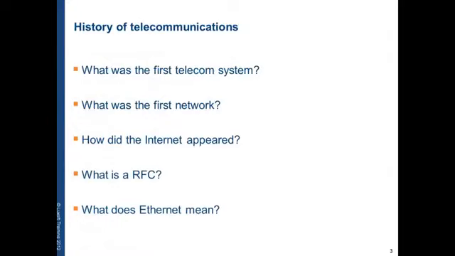Firstly, history of telecommunications. The first telecom system was smoke and drum signals used since ancient times. The first network was built in the 60s, and it was called ARPANET, and initially it had 4 nodes connected throughout the USA.